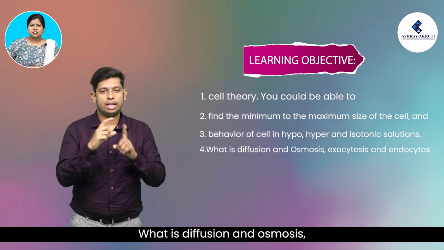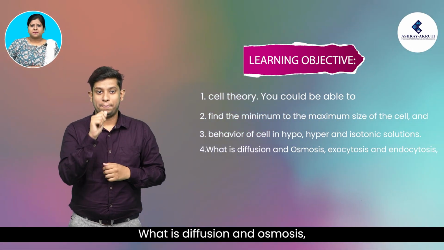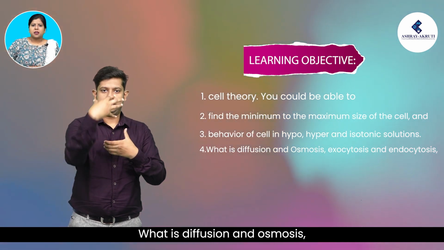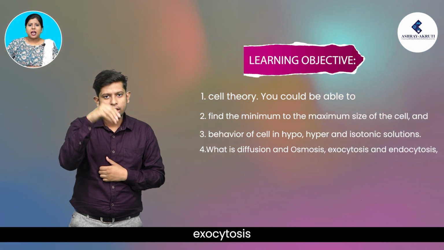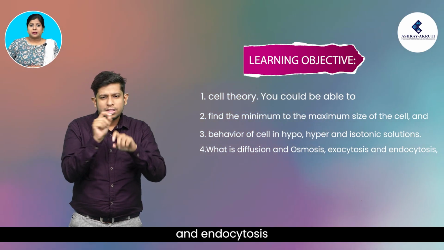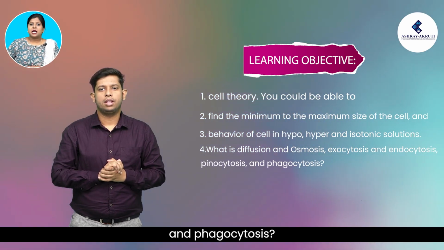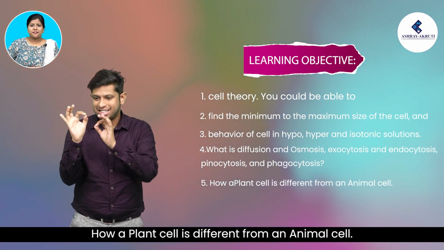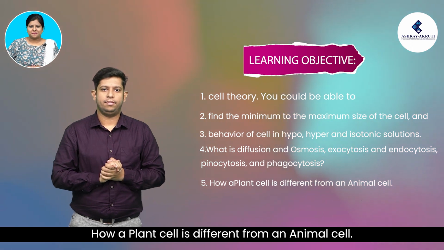What is diffusion and osmosis? Exocytosis and endocytosis, pinocytosis and phagocytosis. How a plant cell is different from an animal cell.